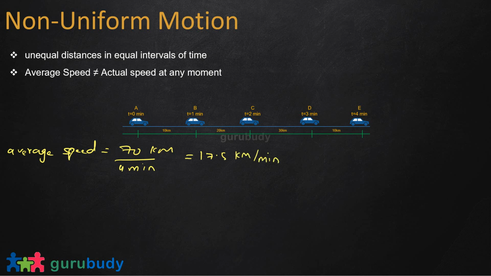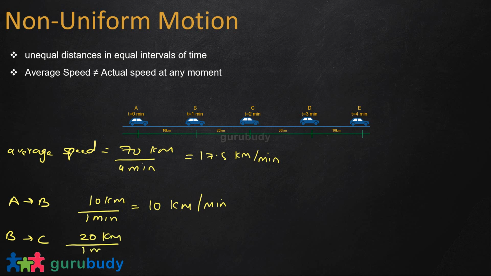per minute. Okay, now if I want to calculate the speed of this object as it goes from A to B, that would be 10 kilometers in 1 minute, right? So that would be 10 kilometers per minute. Same if I want to calculate the speed of this object as it goes from D to E. Same if I want to calculate the speed of this object as it goes from B to C, that would be 20 kilometers in 1 minute.